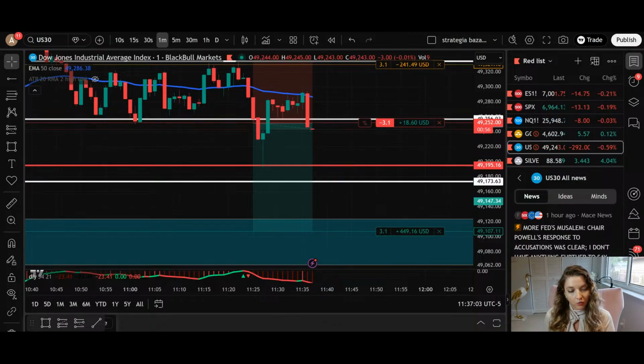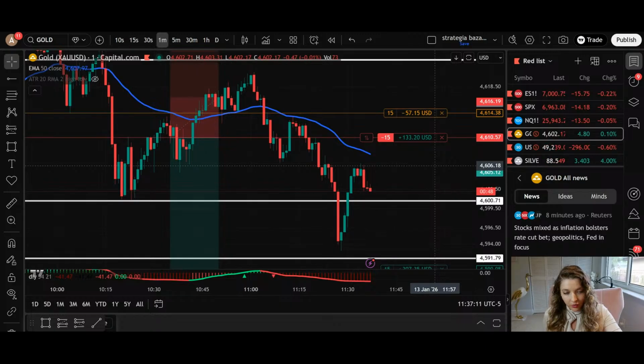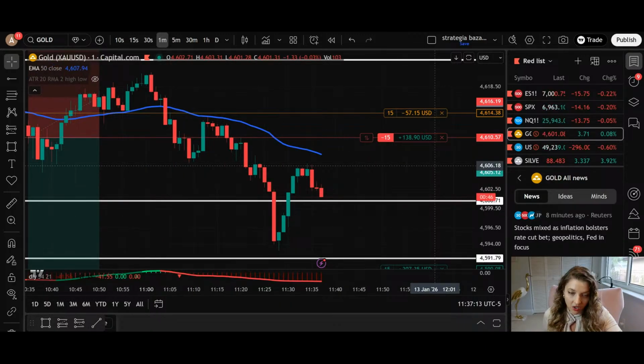Yeah, Robert, let me know where the gold is. Where is your stop loss at the gold? I think at this point I should just put break even. Yeah, I'll just put break even at this point.